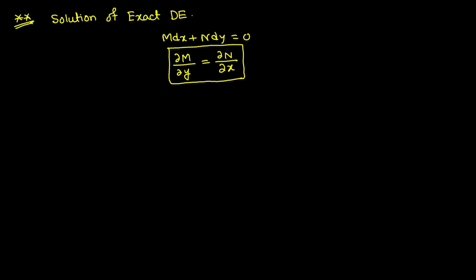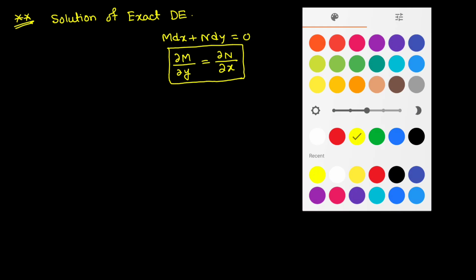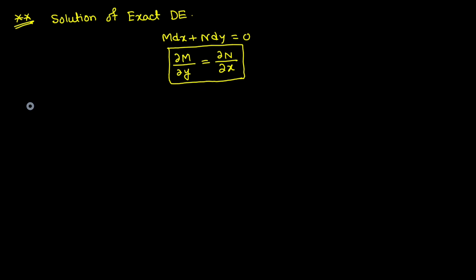Okay, so what is the process? Suppose you have an equation m dx plus n dy equals to 0. So obviously you don't know this equation is exact or not. So first step is you have to verify this equation is exact or not. So first step is check exactness.